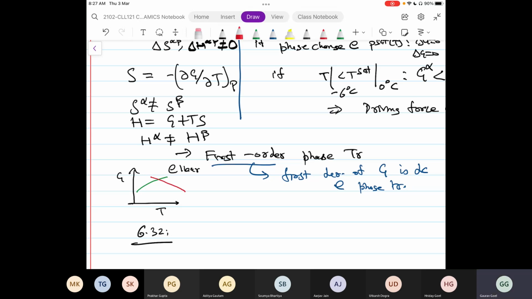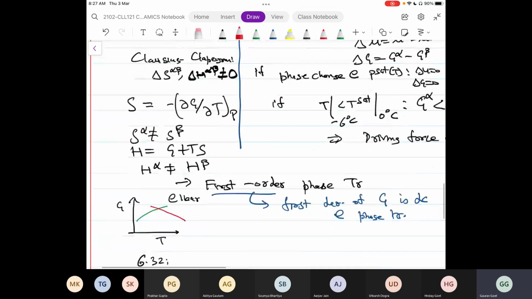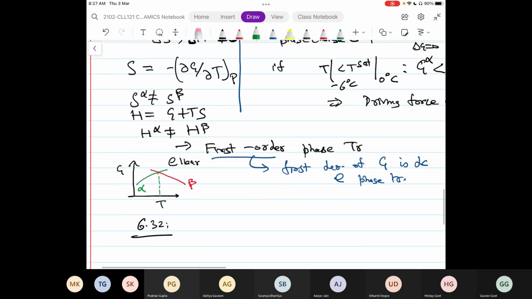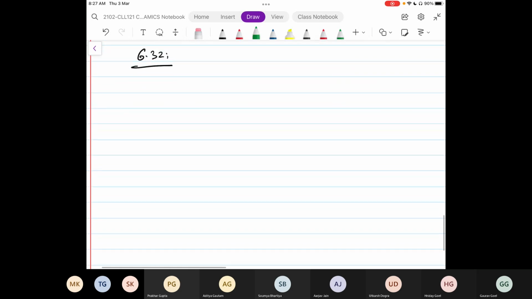So this is how it would look. This was beta, this was alpha. So we can see at the transition, Gibbs energy is equal. However, at that transition, the slopes are not equal.